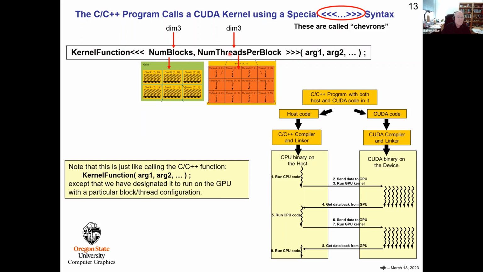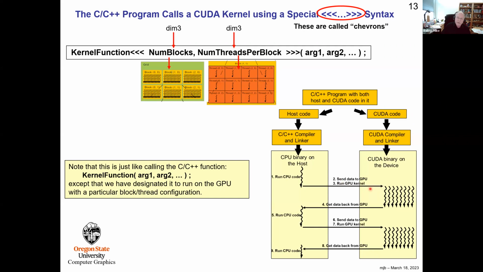They're both dim3, but it's the number of blocks and the number of threads per block. And the product of those two is the number of things you're doing arithmetic on. You get to specify this. The chevrons flag that this needs to be executed over in the GPU.